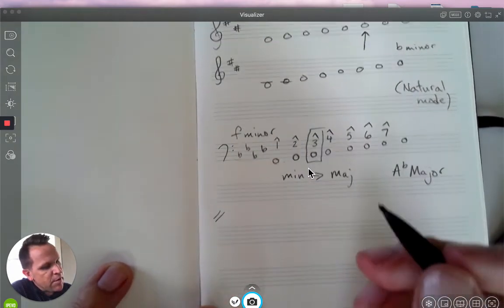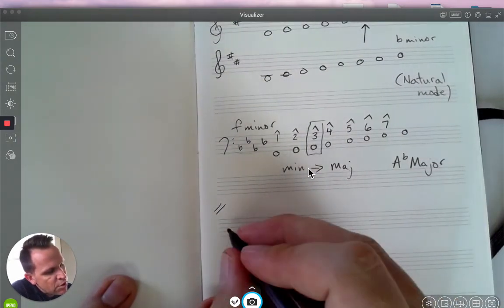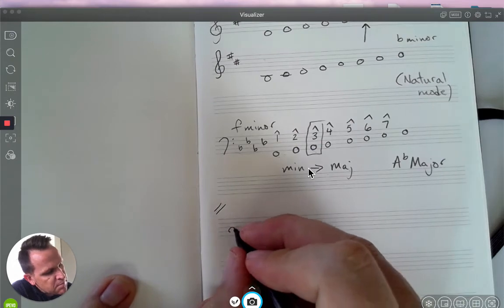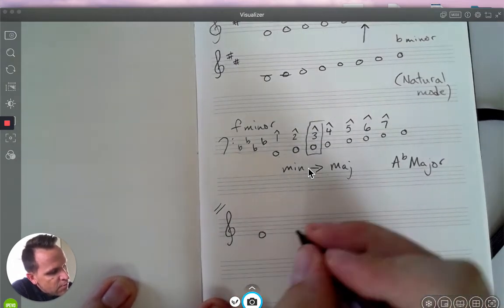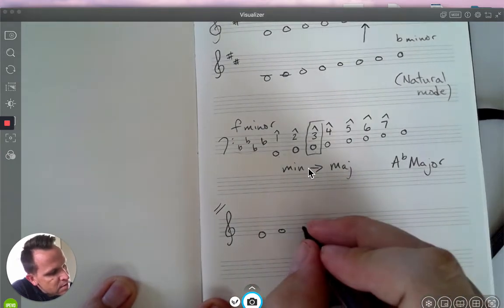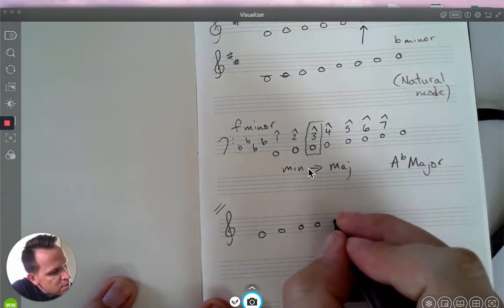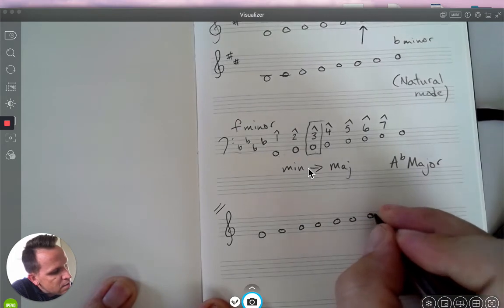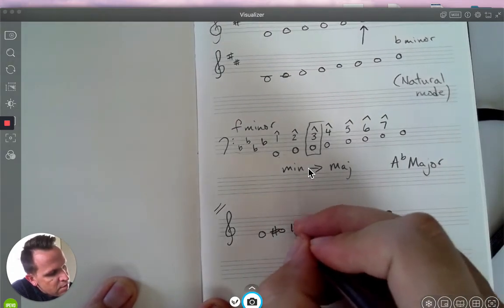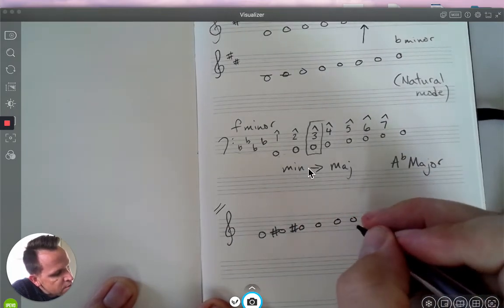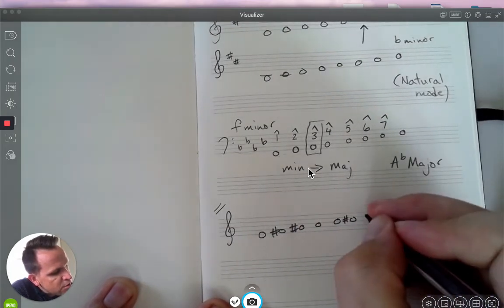If we want to do parallels, then you're going to see keys like, we can do E major, and we'll find its parallel key. So here's E major, and I'm going to not use the key signature, I'm just going to use the scale, but you could do it either way, it doesn't matter. And E major we know has 4 sharps.